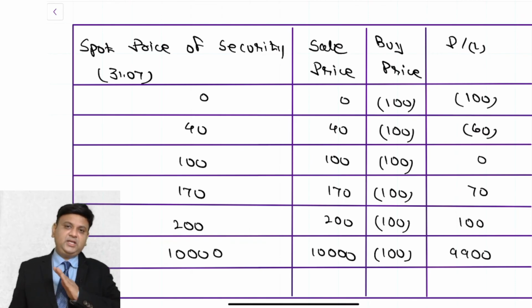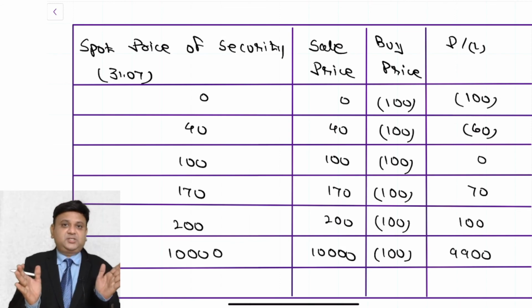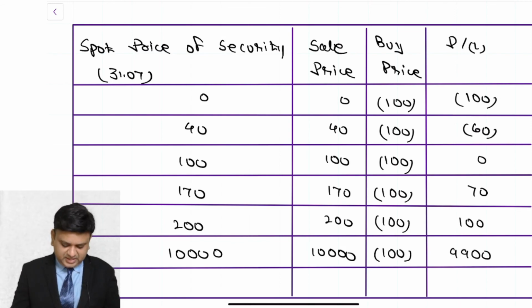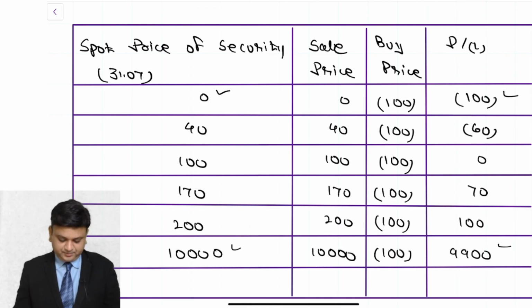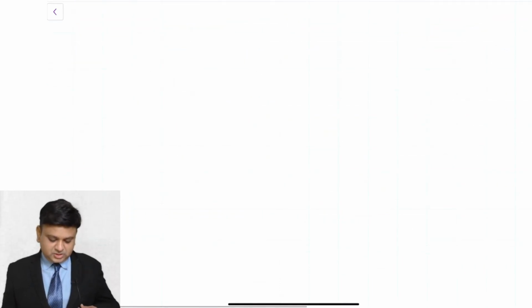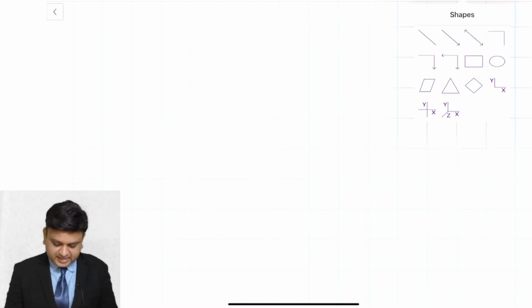Basically, we are taking the two extreme prices over here. One is very less price, 0, and another is a huge price, 10,000, to understand what will happen in case of the extreme price change. Now we are required to show this via a diagram also.